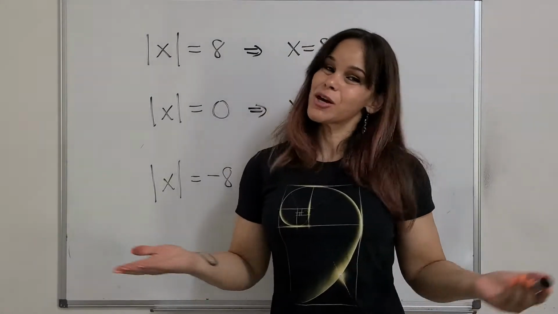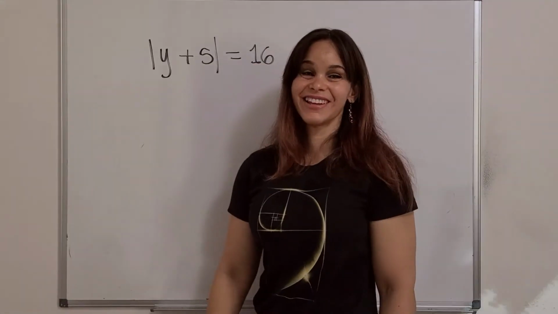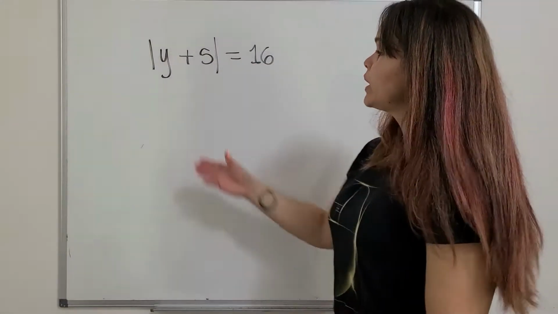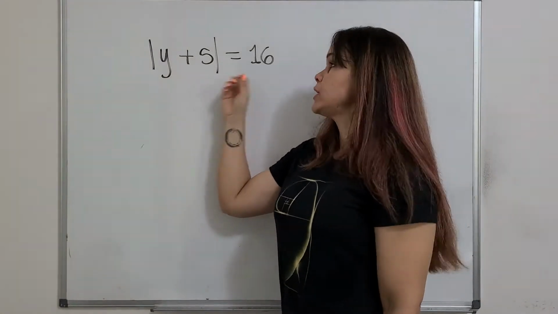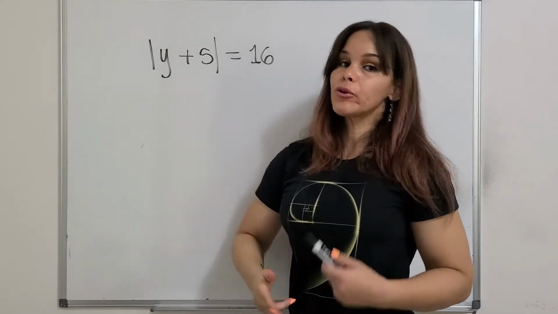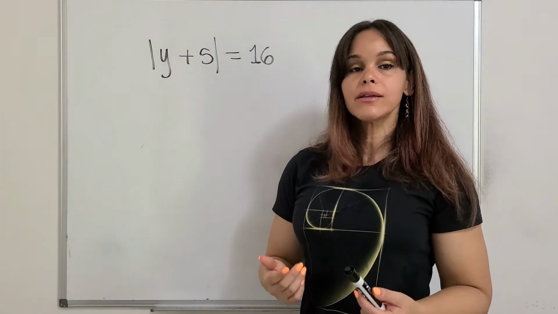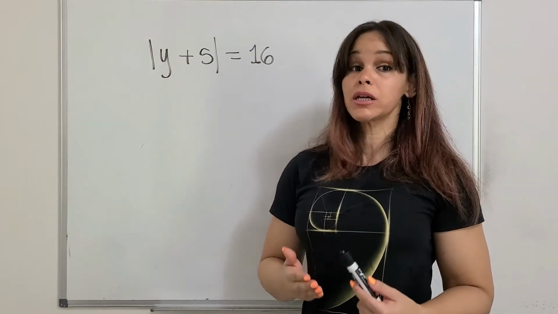So now let's practice some examples. In this first example, we have the absolute value of the expression y plus 5 equal to 16. So we have to think of which values, when I take the absolute value, are going to give me 16.